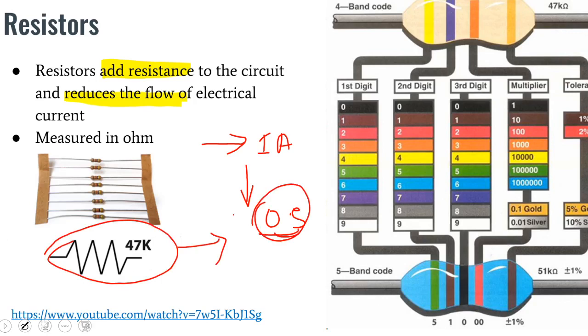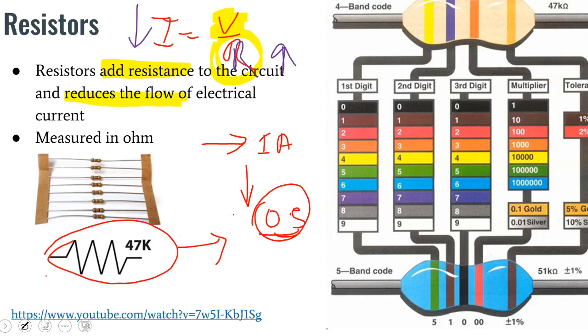So we may add a resistor into the circuit, and that can reduce the overall current flowing through the circuit, because I equals V over R. If we have a constant voltage, then by increasing the resistance we can reduce I. If R goes up, I comes down.